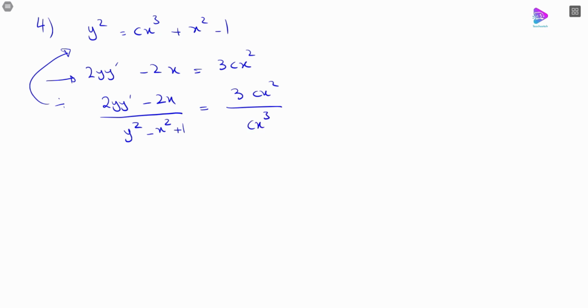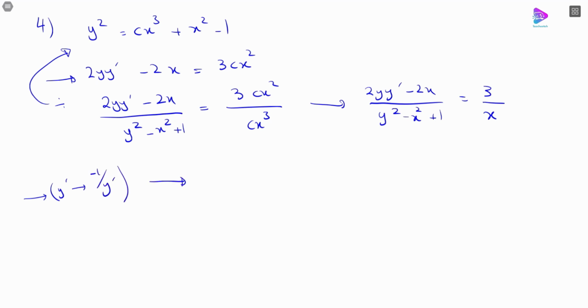cx cubed. From here we could get 2y prime minus 2x over y squared minus x squared plus 1 is equal to 3 over x, and then y prime to minus 1 over y prime, which you will get to y prime is equal to minus 2xy over 3y squared minus x squared plus c.